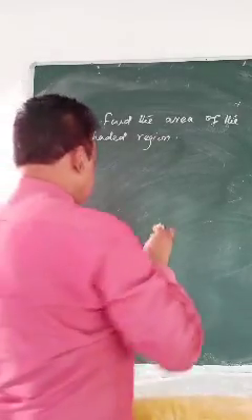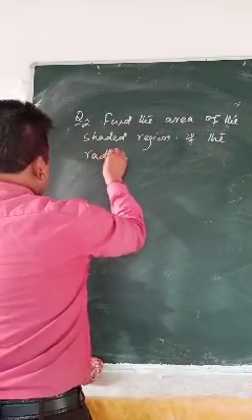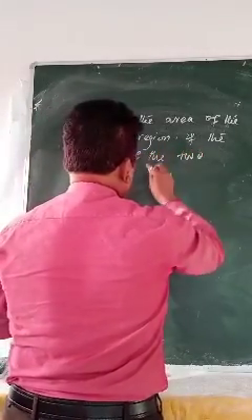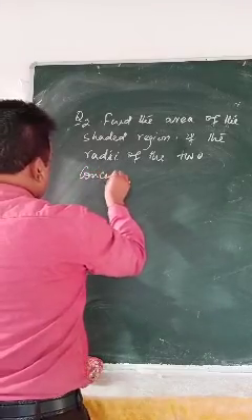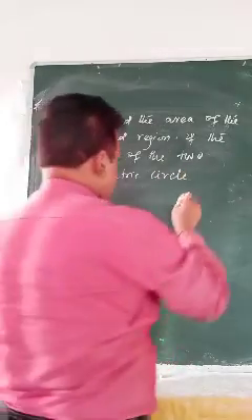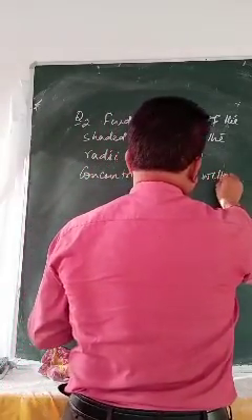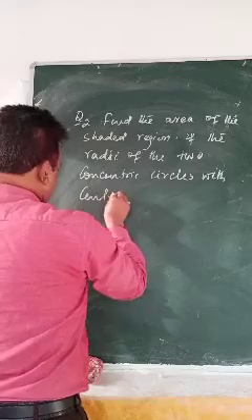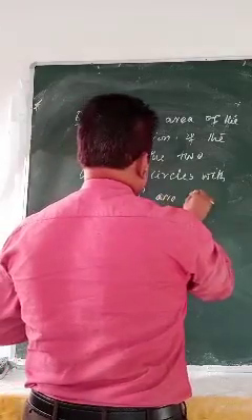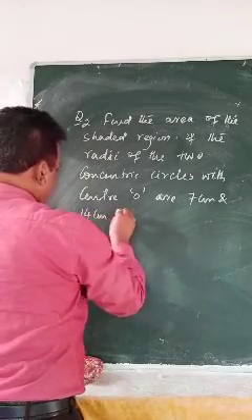If the radii of the two concentric circles with center O are 7 centimeter and 14 centimeter respectively.